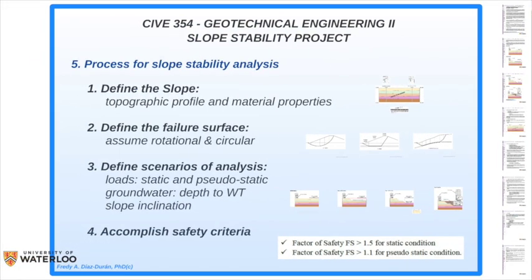Now, we are going to consider the scenarios. All this information is explained in the document I mentioned before. For each scenario, keep in mind you have to consider the loads, static and pseudostatic, the groundwater, and the slope inclination, okay?